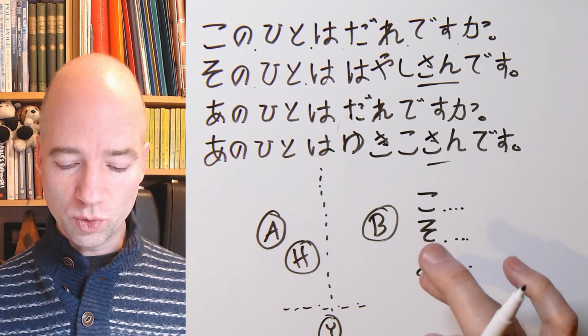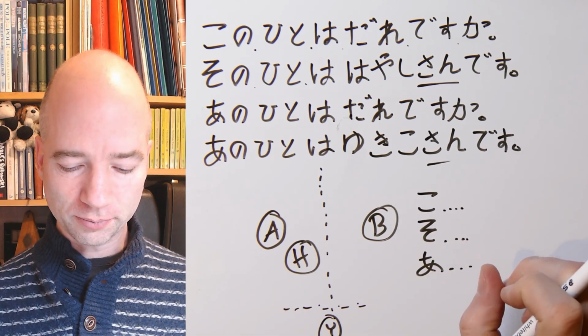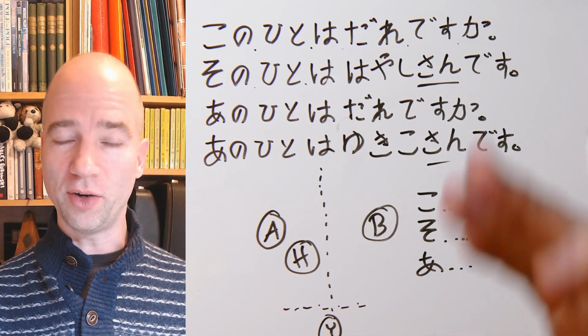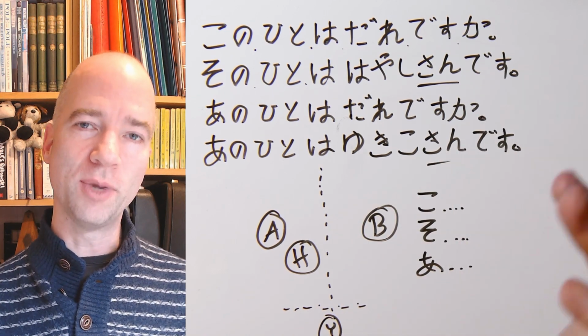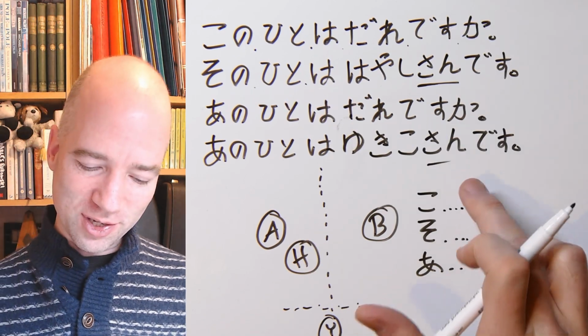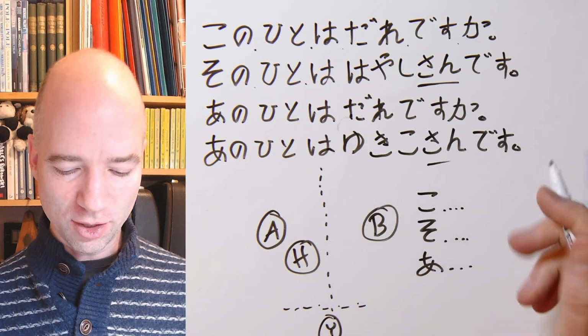There's koko, soko, asoko. There is kochira, sochira, achira, etc. So there are other things that use the same system, but they almost always, I must admit, start with ko, so, and a. And so that's the sort of basic pattern you can think of.